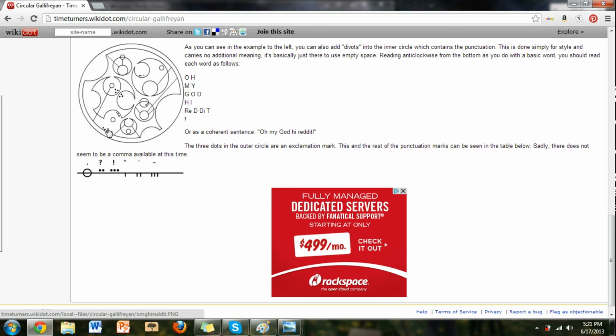You can also see that they put in little marks that don't necessarily mean anything, they're just for looks. But if they had put dots right here, that would have made this the end of a sentence, because it would have read up to this point, and then there were dots. They might have put two, and then it would have been a question, and this would have turned into its own sentence with its own punctuation if you go around this edge. And that would have been wrong, because then they would have had to be in separate sentence circles.